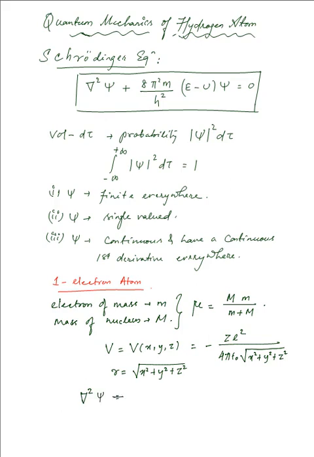So in this case we have 8 pi squared mu over h squared times E minus u, times psi, equal to 0. And let me correct this: this is the potential energy term.